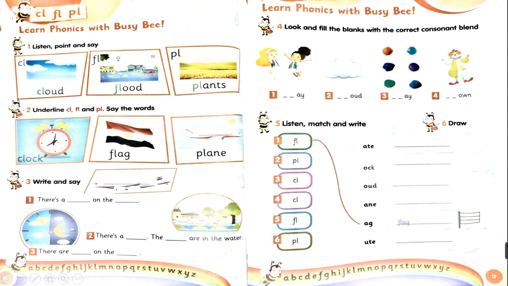Underline cool and full and pool, and say the words we have in here. Clock, excellent. And here, flag. And here, plane.